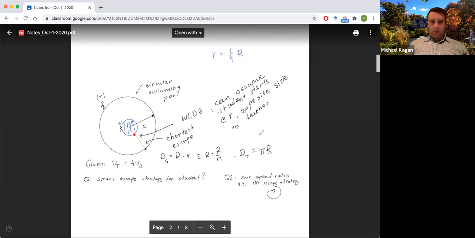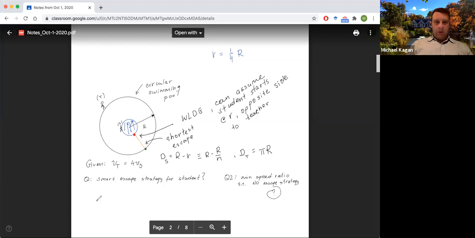Okay. So since the teacher is running 4 times as fast, or n times as fast, you need the student's time, or if you just talk about distance, you need this distance to be 4 times less, or less than 1/4 of this.